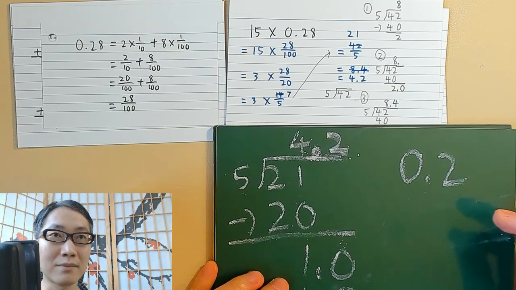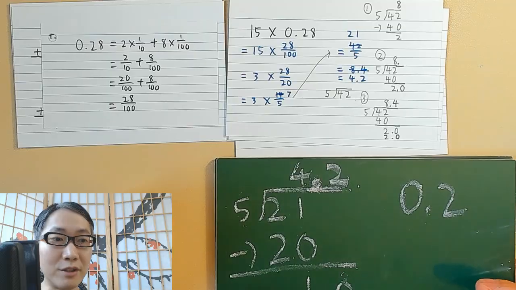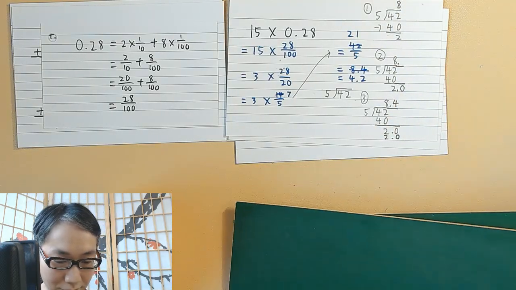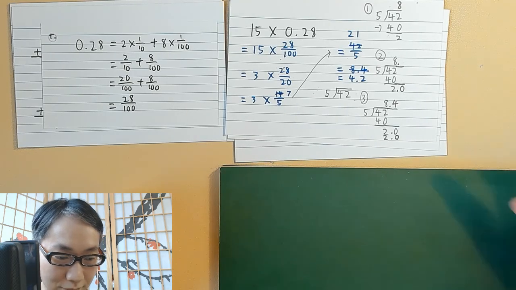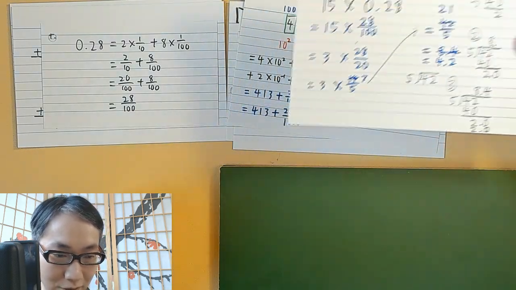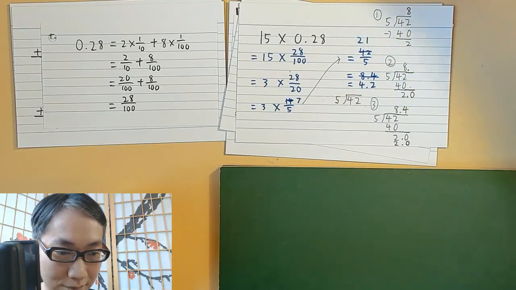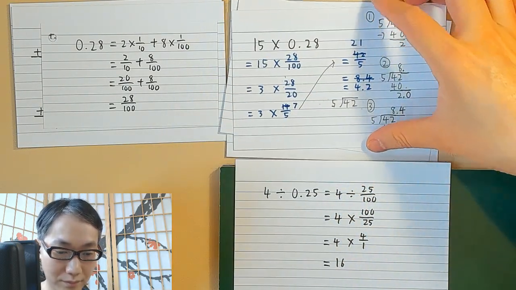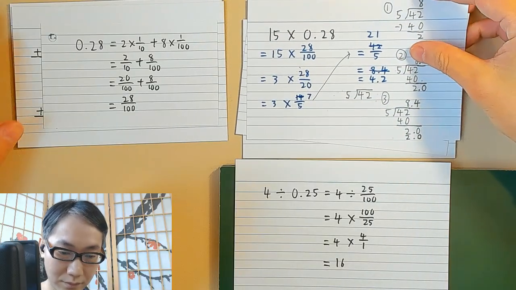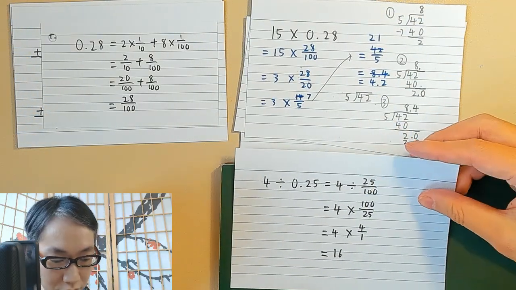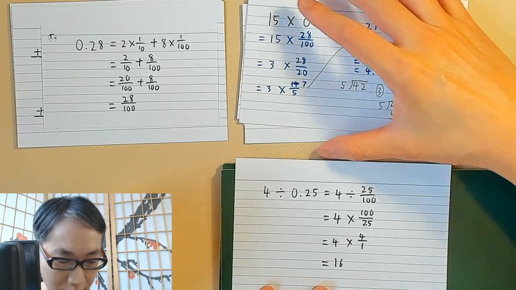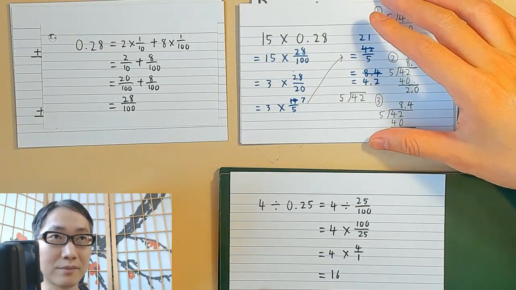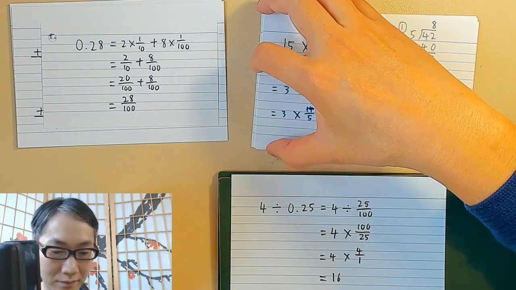Okay, so we have shown the multiplication. Last, but not least, will be the division. So for division, this is 4 divided by 0.25. What is this?